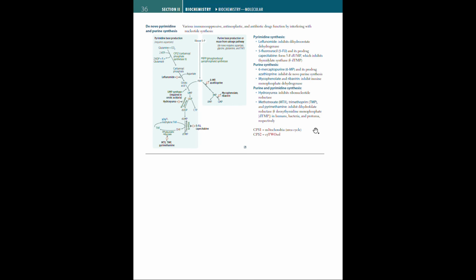Next one, de novo pyrimidine and purine synthesis. This is the chain reaction. You'll see various immunosuppressive, antineoplastic, and antibiotic drugs function by interfering with nucleotide synthesis.